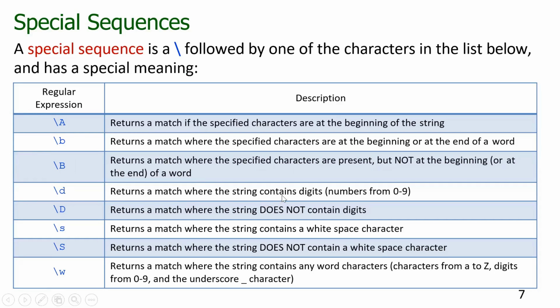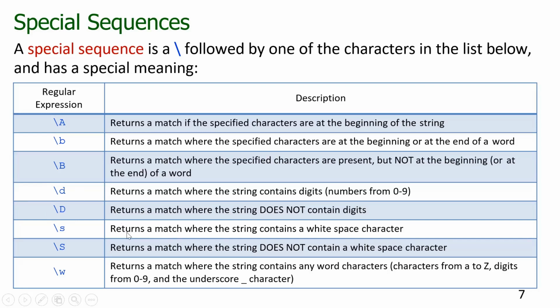So whenever there are digits in your string, if you use this regular expression, it will give all the digits which are present in the string. \D is the opposite of small \d and returns a match where the string does not contain digits. It returns only the characters and not the digits.